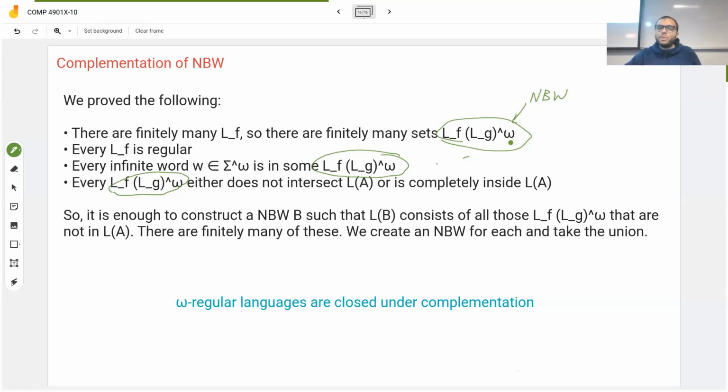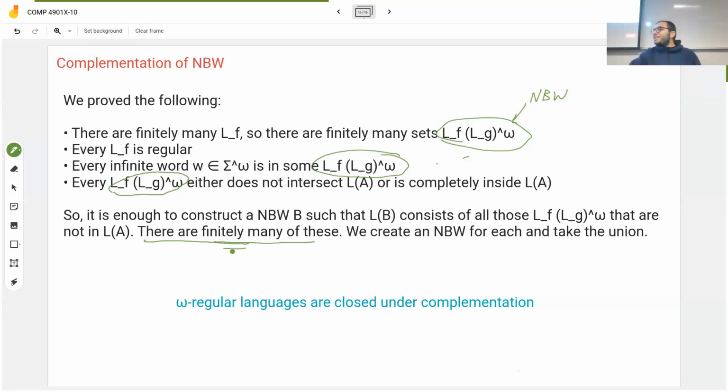So I have an NBW for each one of the sets that look like this. And for each one of these sets, I know whether they are in A or not. If they're not in A, I take their NBW, and I take the union of all of these, and that's going to give me the NBW for B. So the NBW B basically has the language LB, which consists of all those LF LG omegas that are not in the language of A. And again, the important point is that there are finitely many of these.